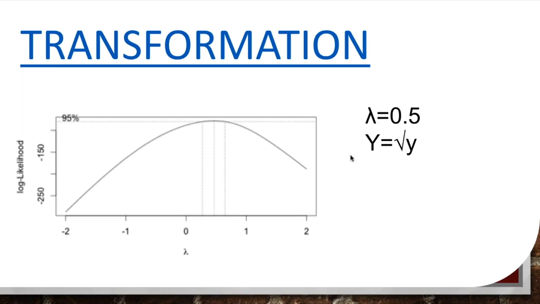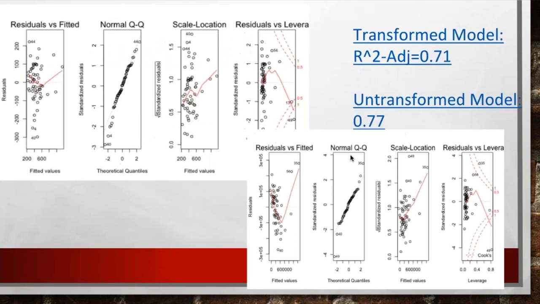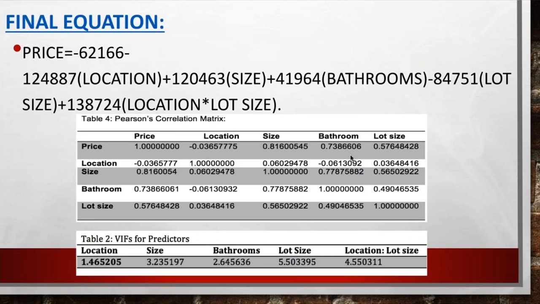Also, the diagnostic plots were checked. It showed that the normality assumption was violated. So we tried a transformation and found the best value for lambda, which was 0.5. However, the normality assumption was still violated for the transformed model, and the R-square adjusted value actually decreased by performing the transformation.